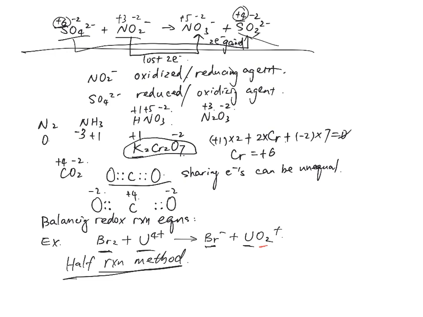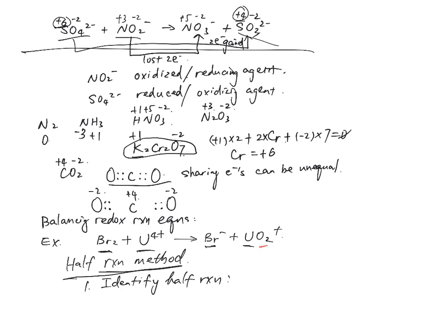Now how do I do this? Well, it's called the half reaction method, so you've got to get your half reactions out. So the first step you always go is identify half reactions. And this is actually very easy to do.